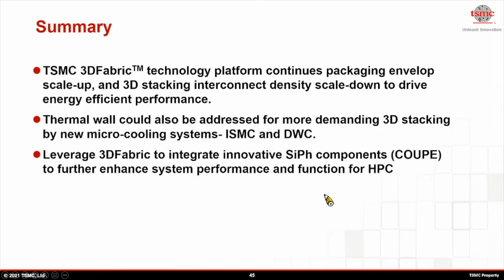The thermal wall could also be addressed for more demanding 3D stacking by new microcooling systems, oxide tin and DWC. Leverage 3D Fabric to integrate the innovative COUPE for silicon photonics component integration to further enhance system performance and function for HPC.